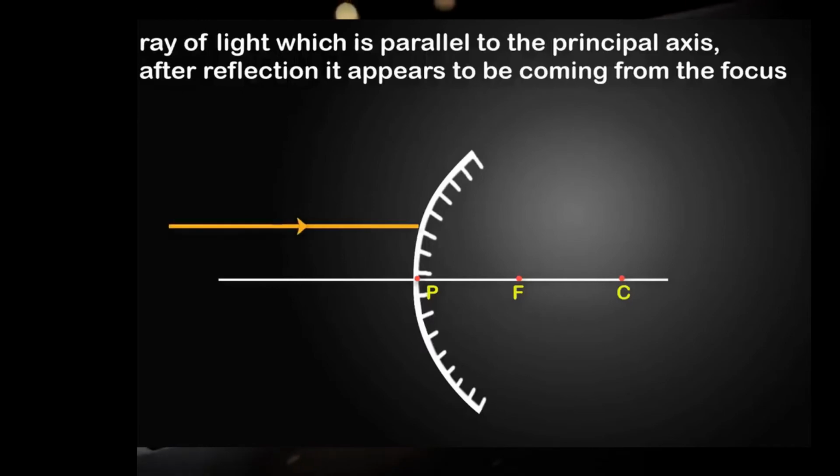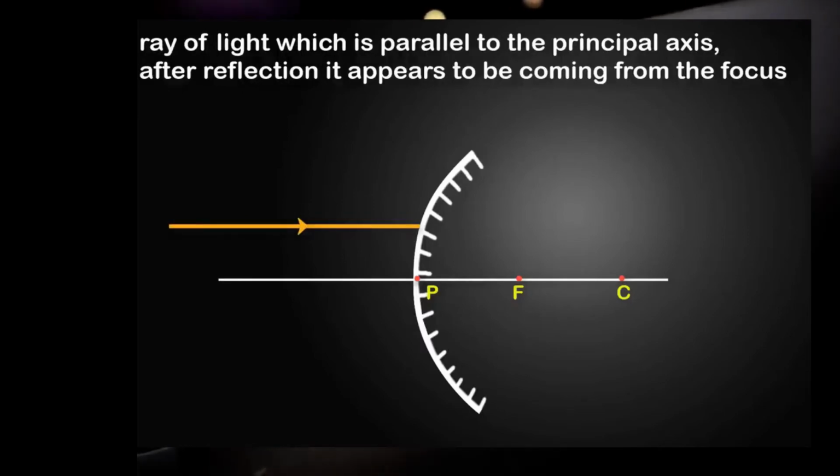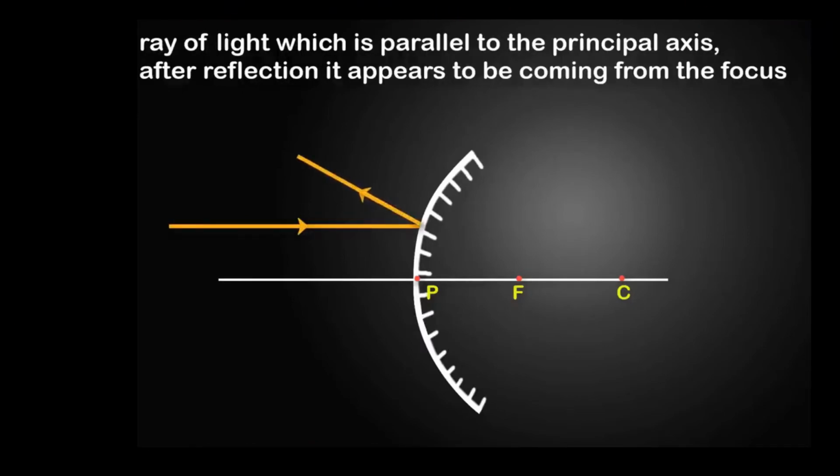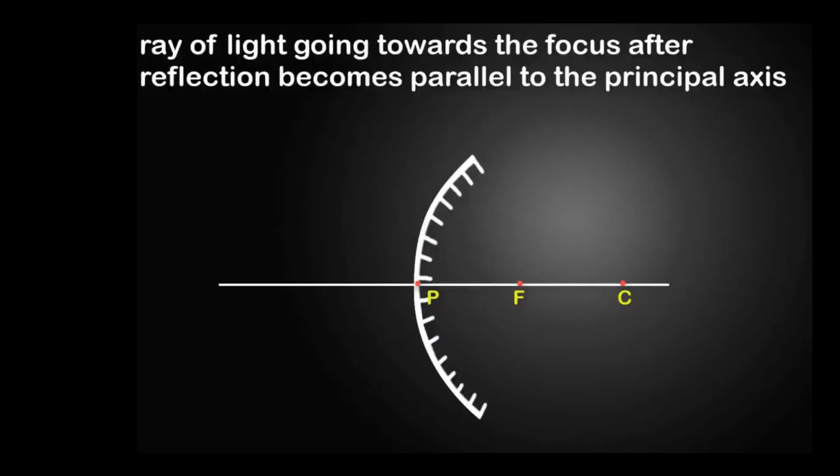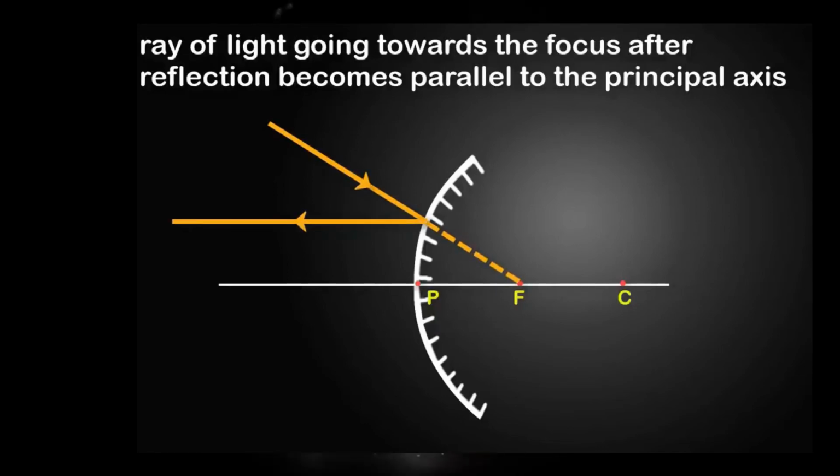1. Any incident ray traveling parallel to the principal axis on the way to a convex mirror will reflect in such a manner that its extension will pass through the focal point. 2. Any incident ray traveling towards a convex mirror such that its extension passes through the focal point will reflect and travel parallel to the principal axis. 3.